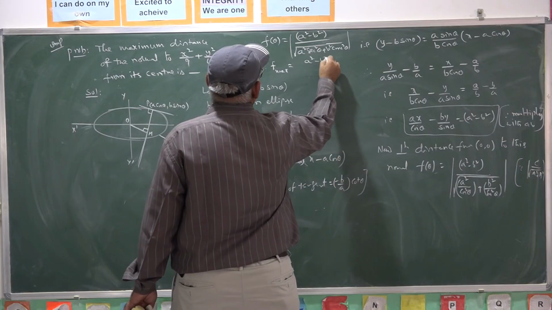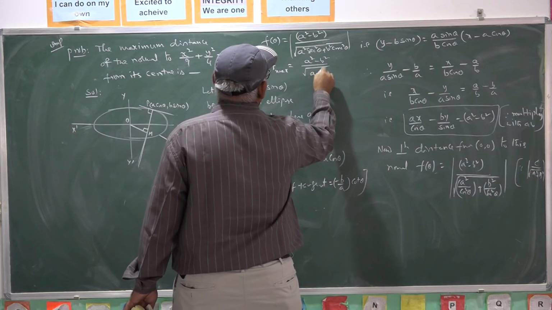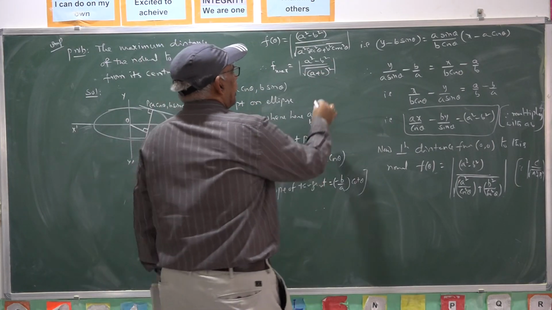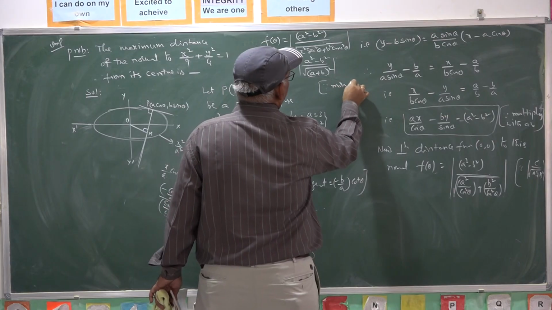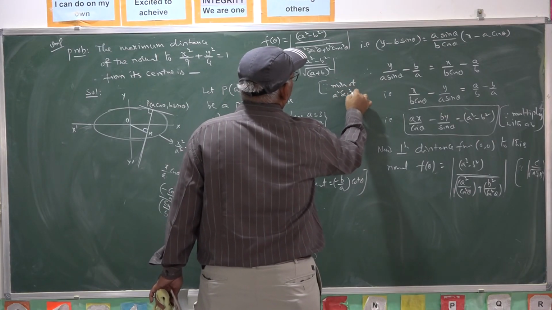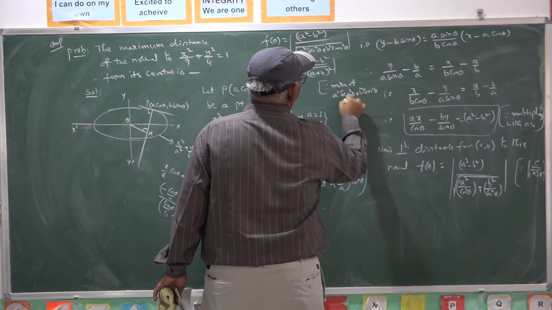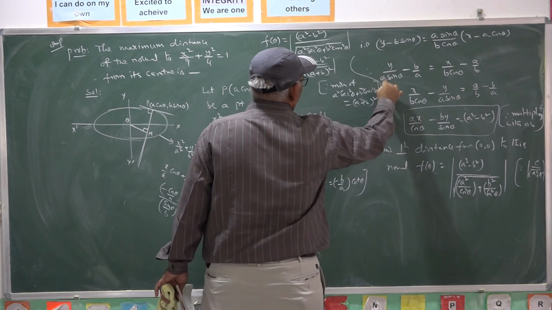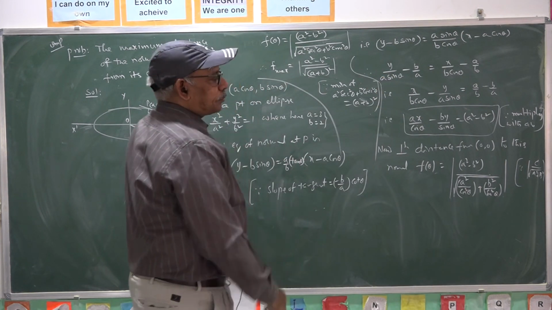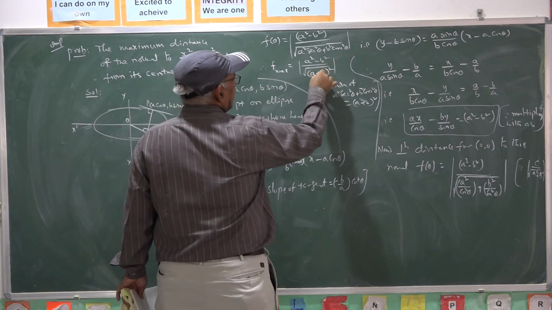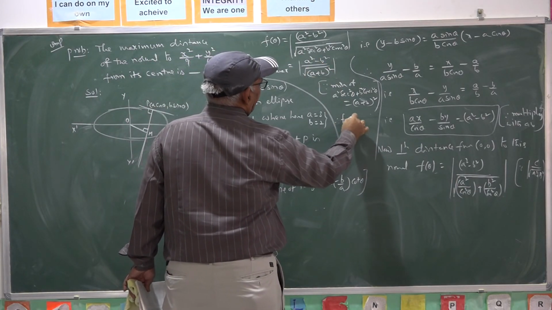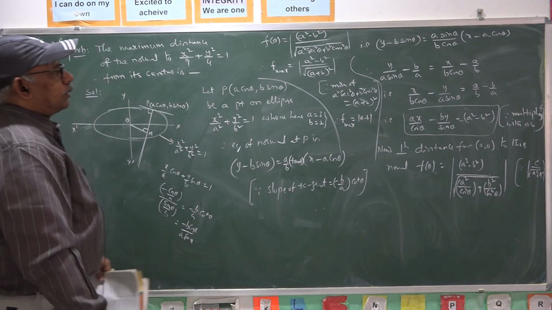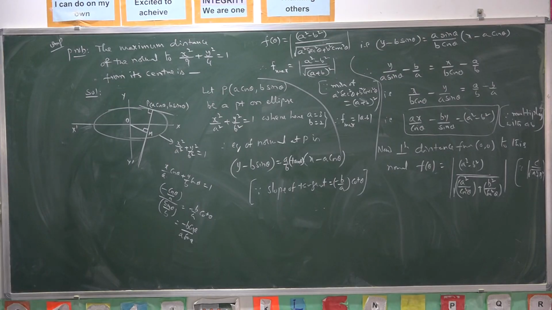The minimum value of a square secant square theta plus b square cosec square theta is a plus b whole square, so the denominator minimum is under root a plus b whole square. The a plus b cancels here, so the f maximum is modulus of a minus b, the difference of a and b.